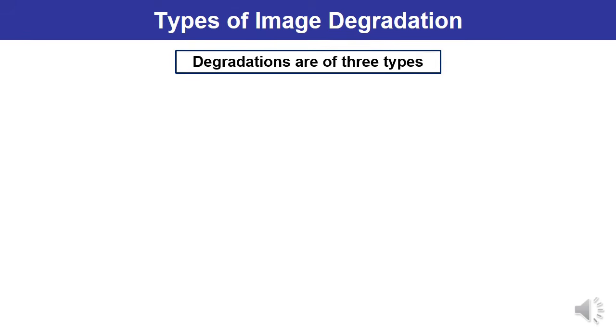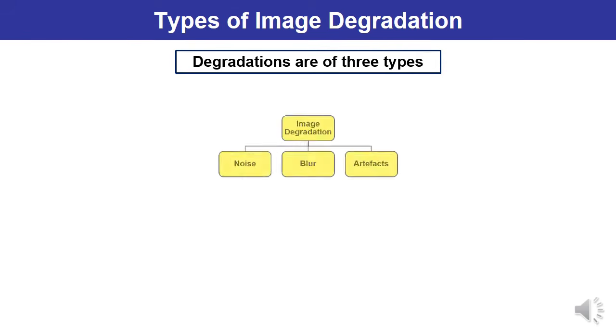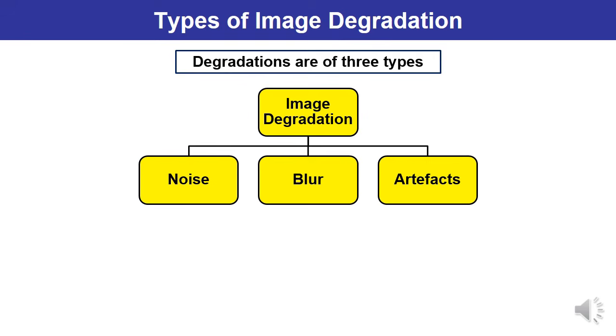Moving ahead, now let us discuss the types of image degradation. Degradations are of three types: noise, blur and artifacts. First let us discuss noise.